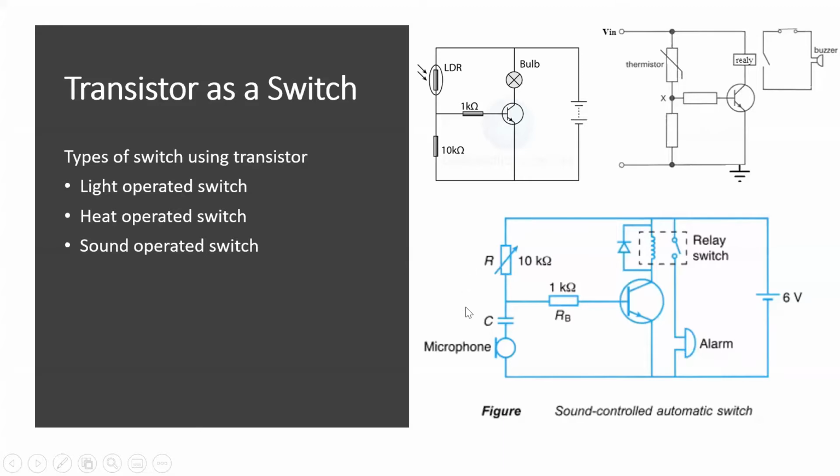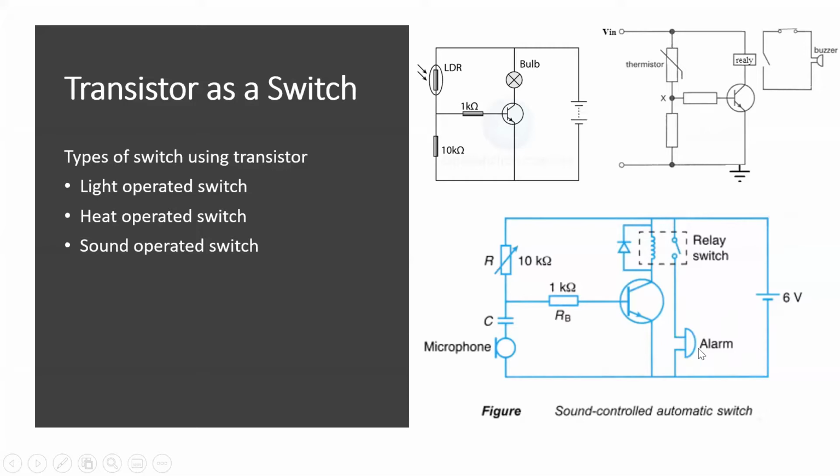Now here, you have a sound operated switch, like a switch with a microphone. Here if you have a microphone, the electrical signals will be there when you speak. So it can also be used with sound.